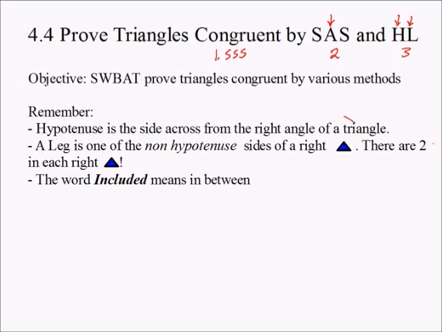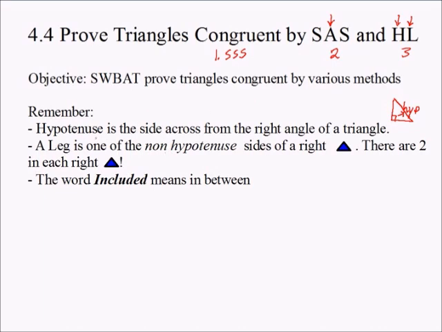So for any triangle I have, let's get a triangle right here. Here's a right triangle, okay? And right here, since that's across, this is the hypotenuse. That's the side across from a right angle. A leg is a non-hypotenuse side of a right triangle.